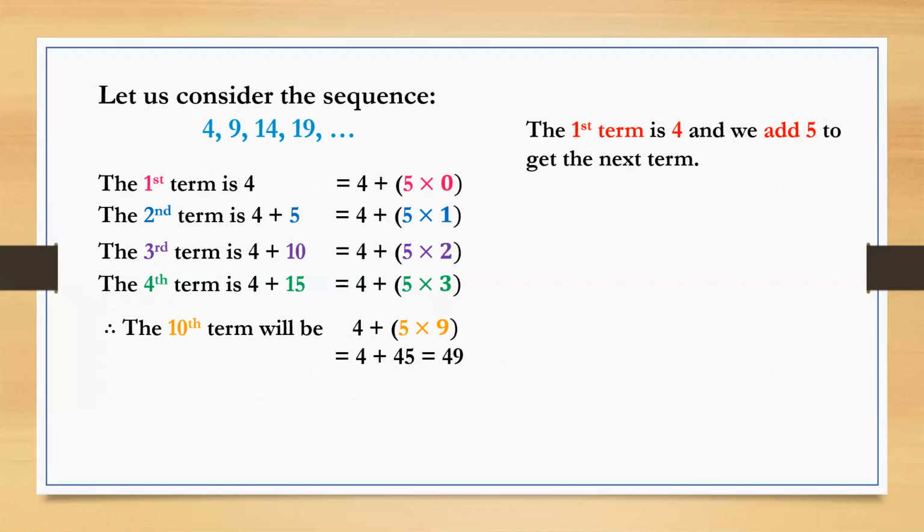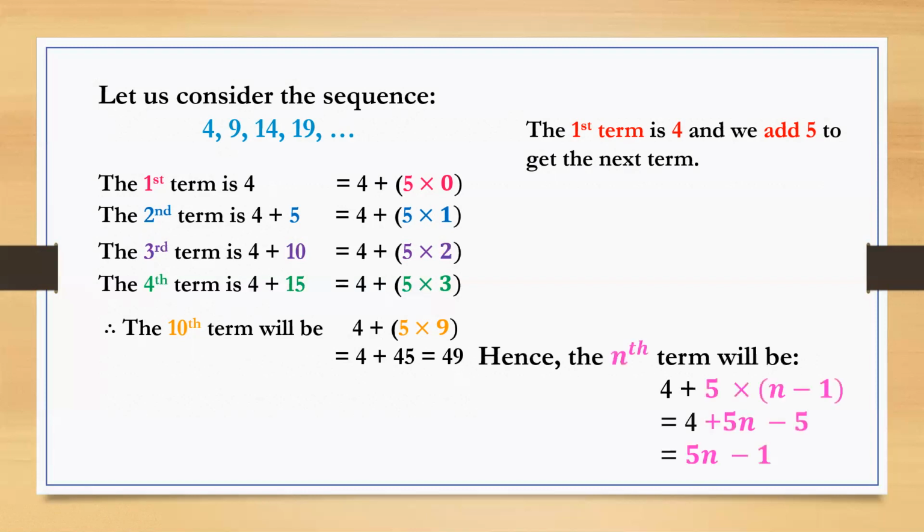Similarly, if I ask you to find an expression for the nth term, it will be 4 plus 5 times n minus 1. Simplifying, I will get 4 plus 5n minus 5, which is equal to 5n minus 1.